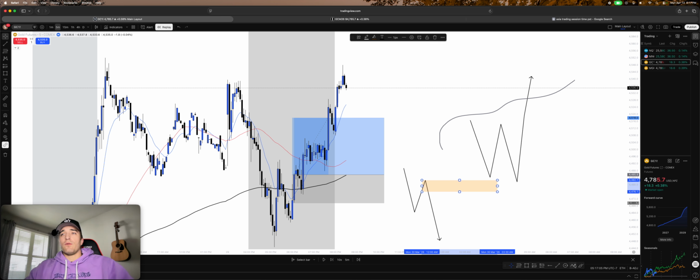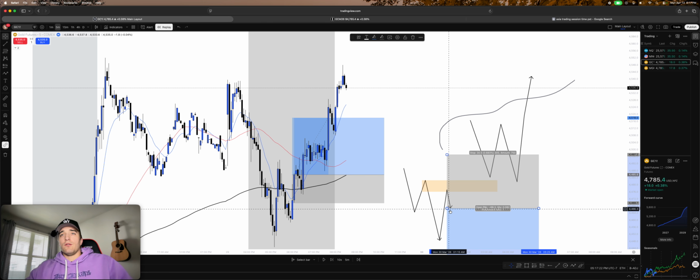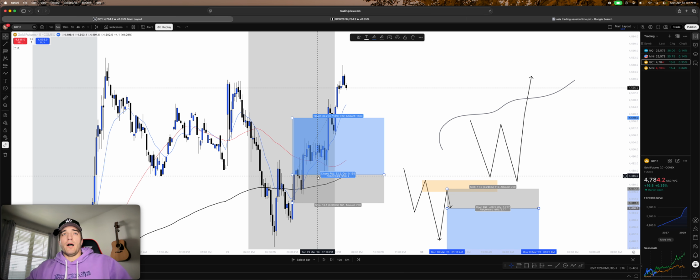We'll wait for price to come all the way back up, tap into our zone, reject the zone, and then we'll wait for that next candle to get broken down. Once that candle gets broken, we'll set it up just like we did on the buys over here.